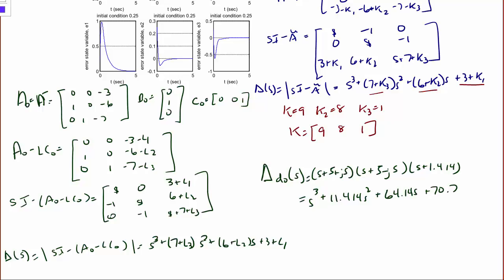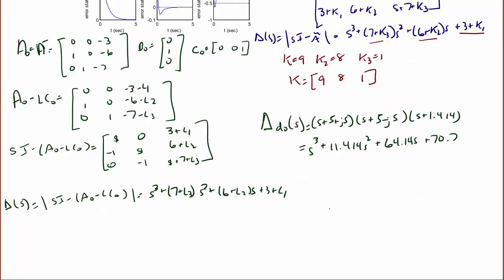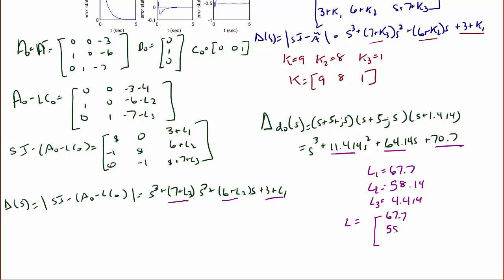As before, we are going to equate coefficients. 3 + L1 equals 70.7, so L1 equals 67.7. 6 + L2 equals 64.14, so L2 equals 58.14. And 7 + L3 equals 11.414, so L3 equals 4.414, or the L matrix is [67.7, 58.14, 4.414].